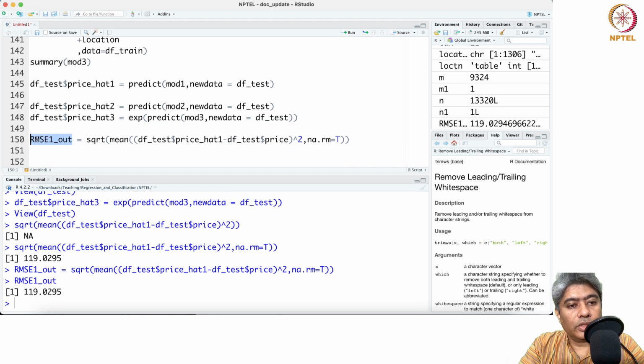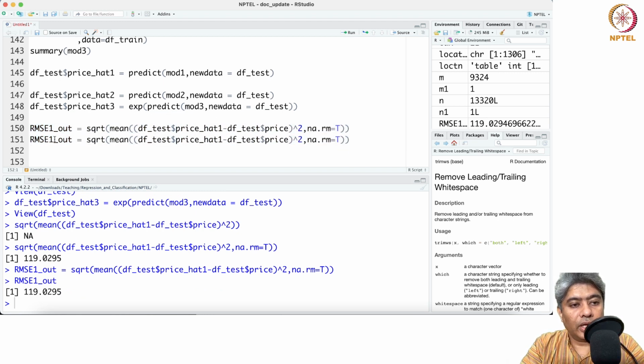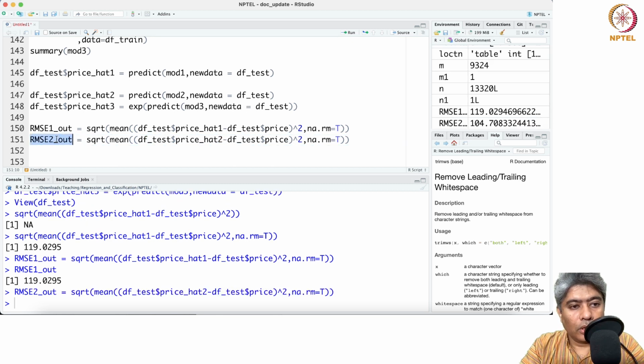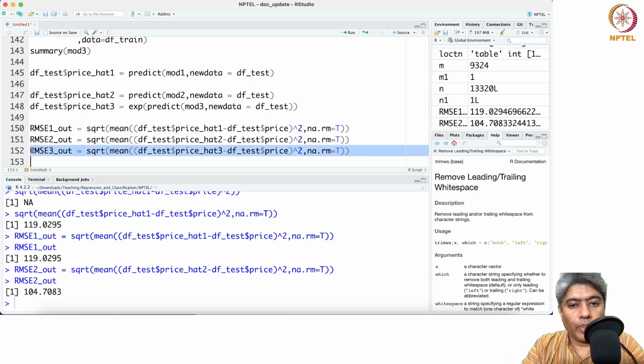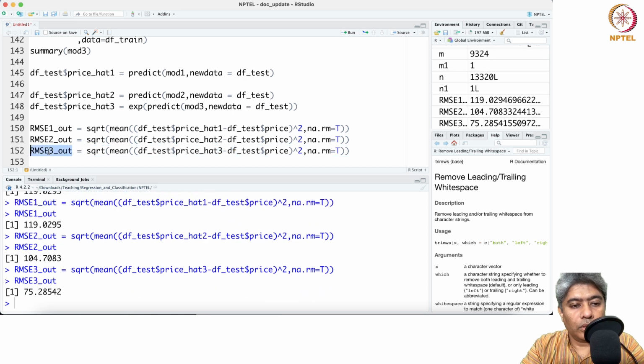So this is my out of sample RMSE, and second is from the second model. This is a little less, and the third one is from the third model, and this is way less.